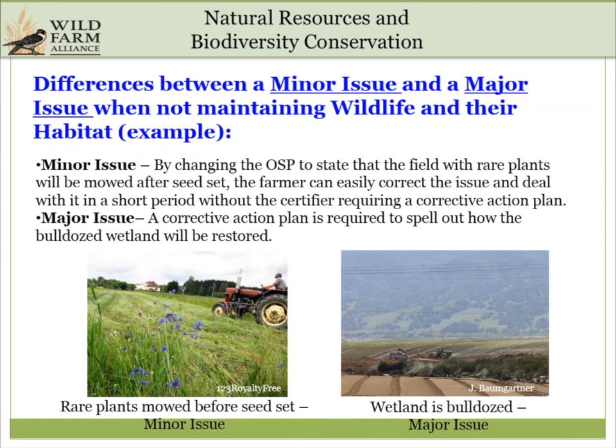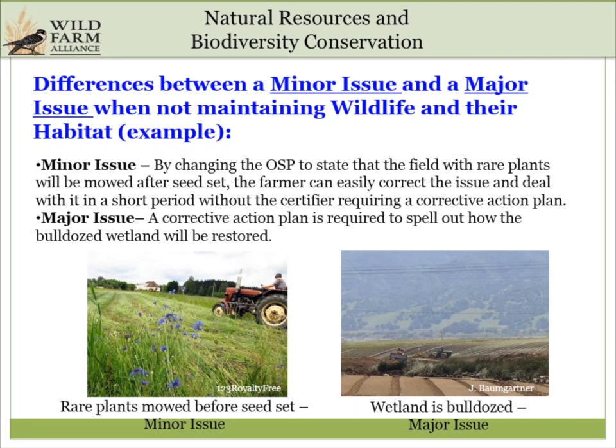Now we're going to go through some examples of differences between a minor issue and a major issue when not maintaining wildlife and their habitat. A minor issue could be resolved by the operator putting in their OSP that instead of mowing rare plants before they set seed, they're going to mow them afterwards.